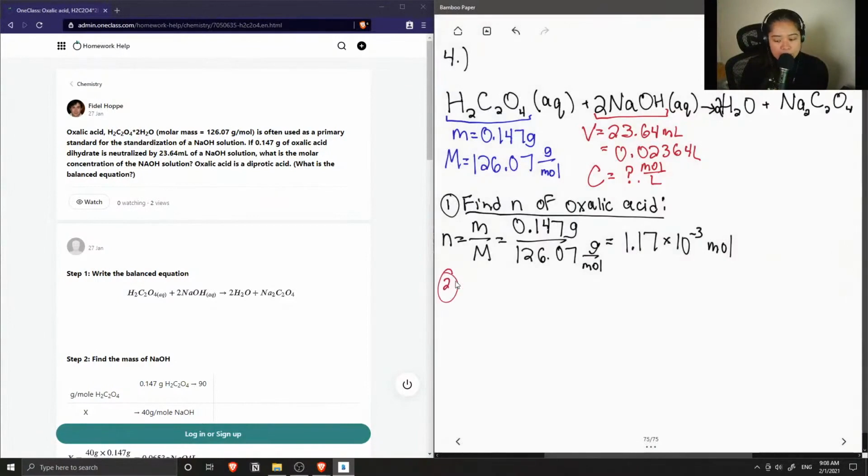Okay, so step 2. Using mole ratios, we can find the number of moles that reacted for sodium hydroxide.